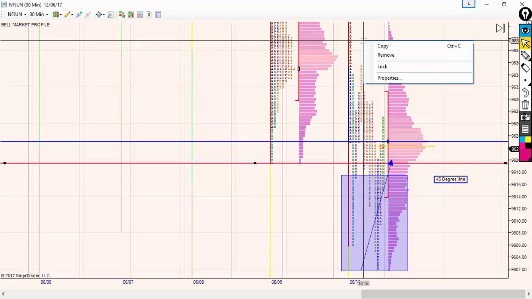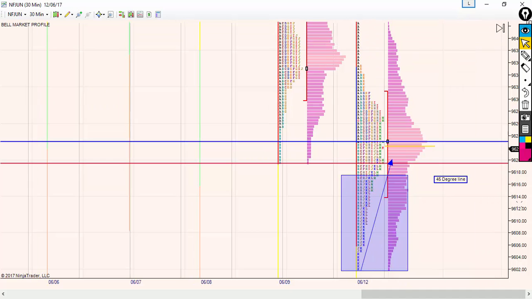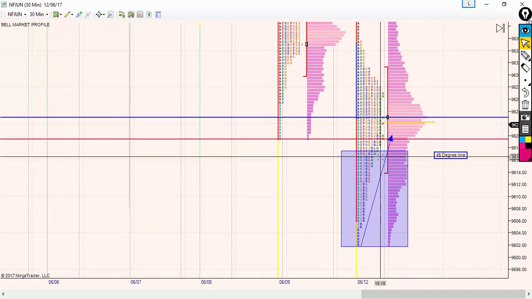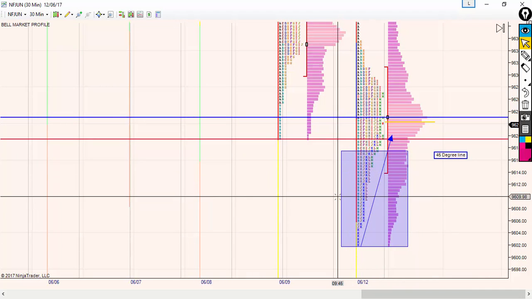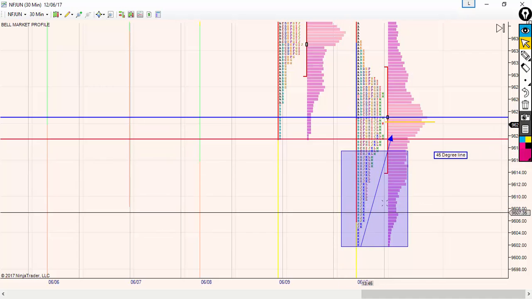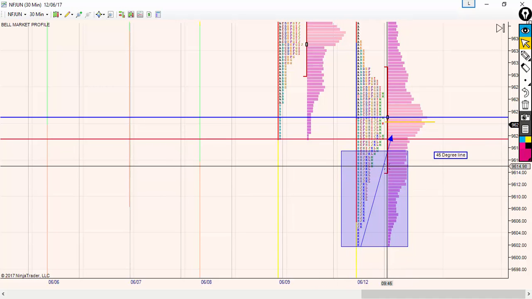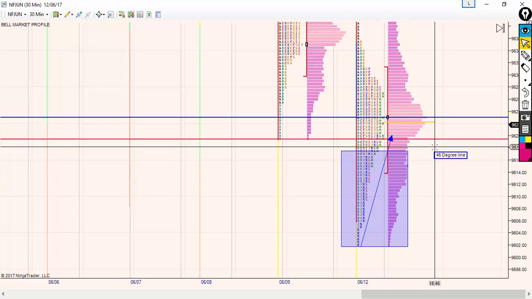The other thing I would like to monitor is that yesterday's session was a 45-degree line, where players come in and get trapped. It's a short in the hole kind of scenario. Probably many people who shorted below the previous week low might end up trapped.